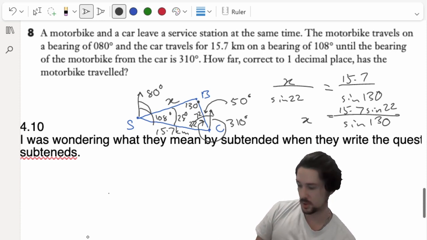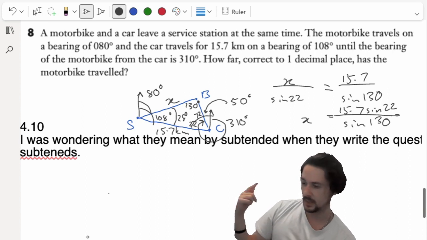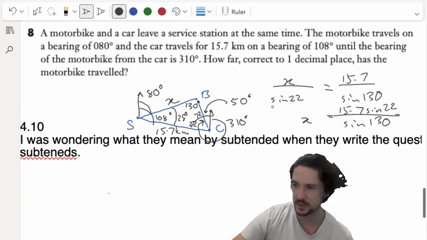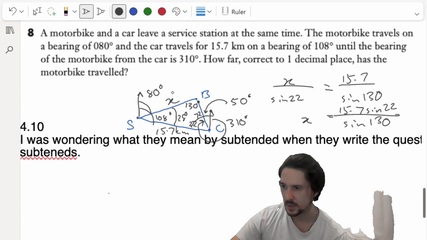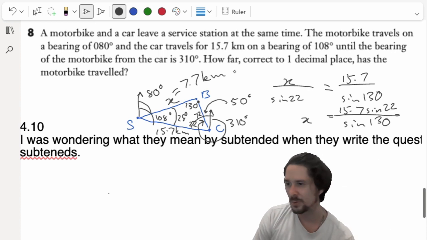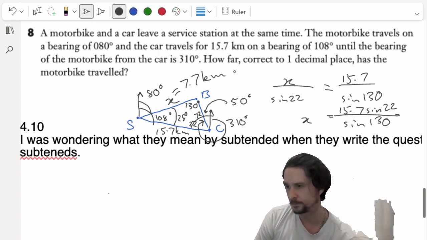15.7 sine 22 divided by sine 130, and I get 7.7. It's 7.67, but to one decimal place, 7.7 kilometers. x equals 7.7 kilometers, obviously including the units. Is that reasonable?